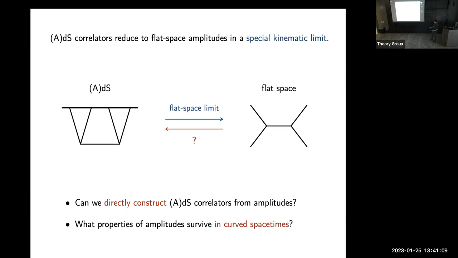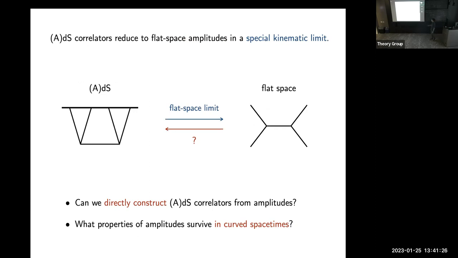Somewhat curiously, we see that some of the properties of amplitudes seem to generalize to de Sitter and anti-de Sitter. And in fact, this is not a coincidence, because these AdS and dS correlation functions, in a very precise sense, are a generalization of flat space scattering amplitudes.